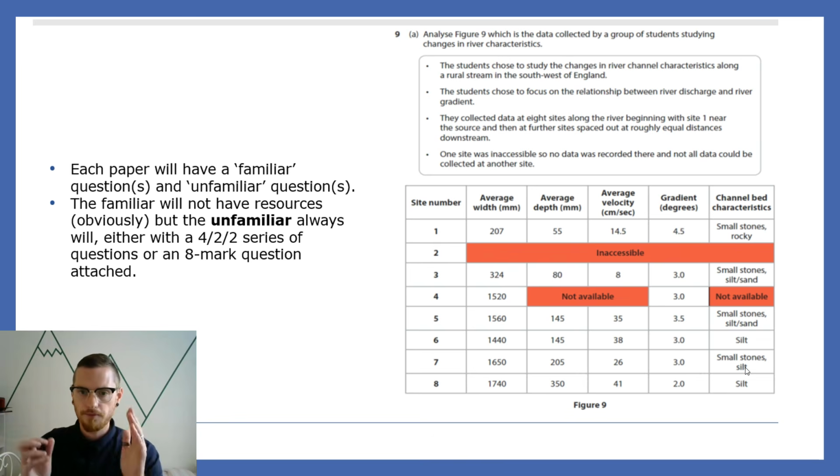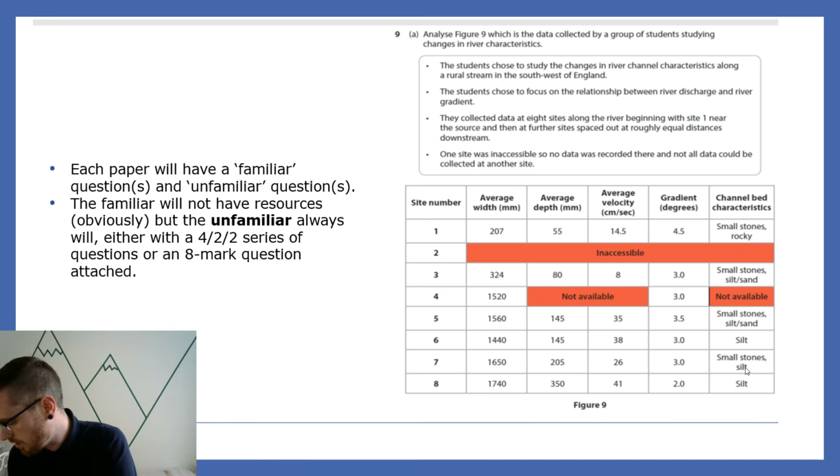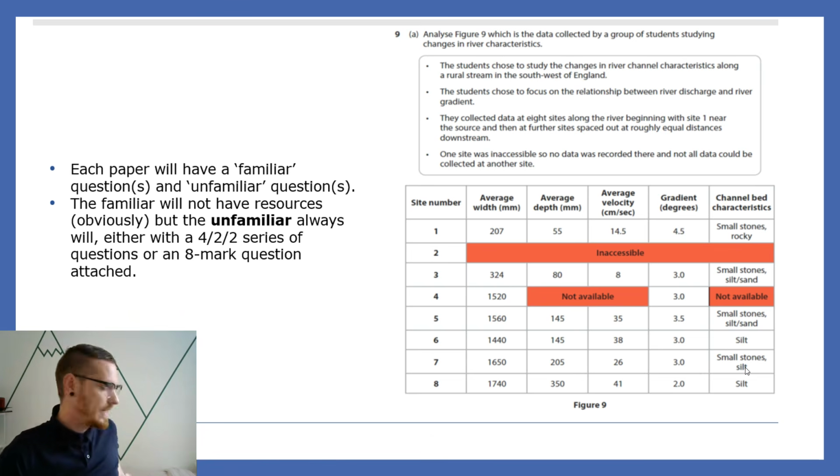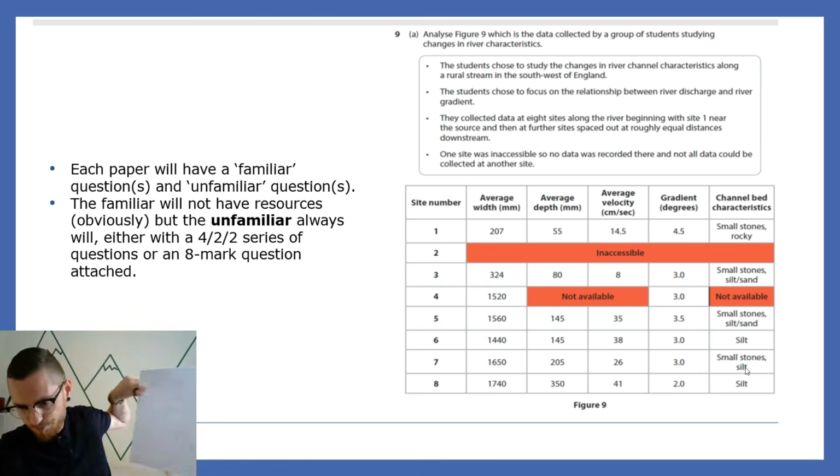Right, before we go any further and before we get onto the 8 markers, there's 2 8 markers here. Let's go through a couple of things. We've just learned that we cannot just say what we did.